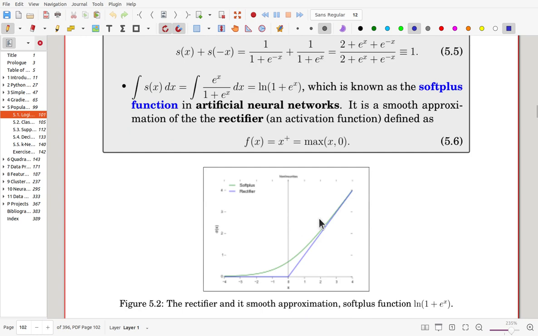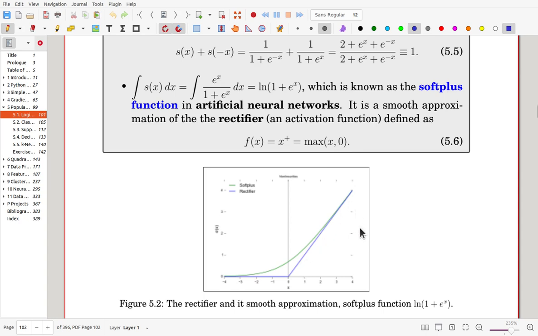Let's look at the figure. Here, the green curve is the graph of the softplus function. The blue one is the graph of the rectifier, which is defined as taking the maximum between the input and 0. So once x is negative, the output will be 0, as in this graph.